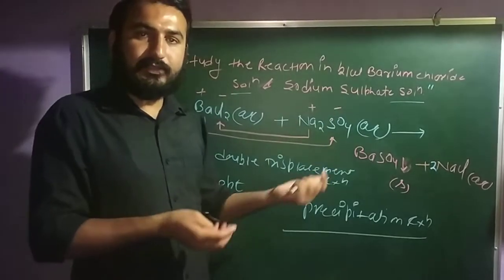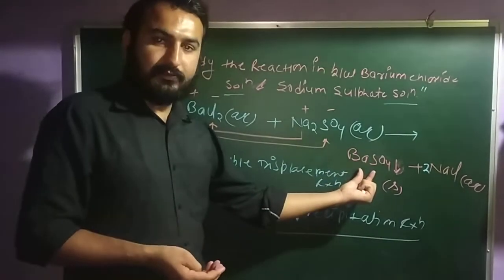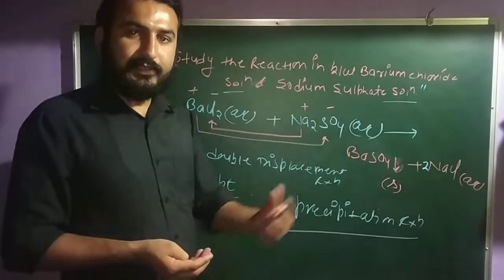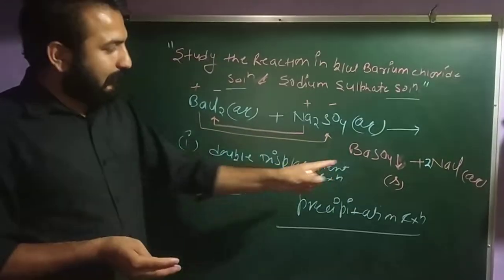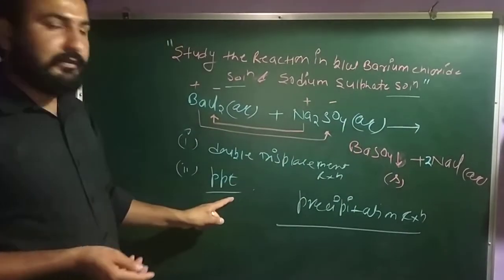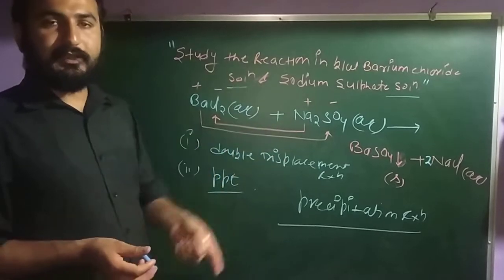What is the precipitation reaction? Precipitation reactions are those reactions in which a solid substance or an insoluble substance is formed. It's called a precipitation reaction, and this insoluble substance or this solid substance is known as the precipitate. Clear? So this is called the precipitation reaction.